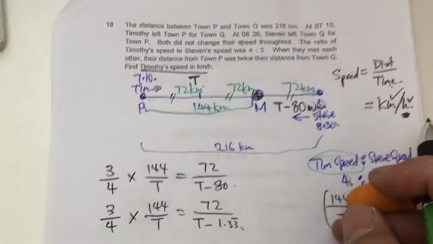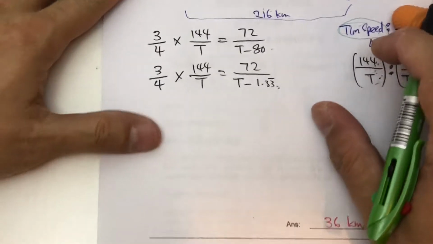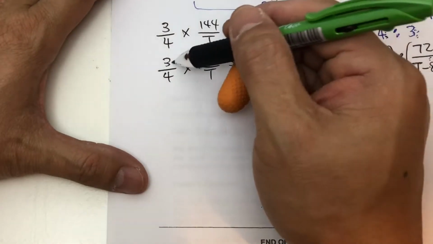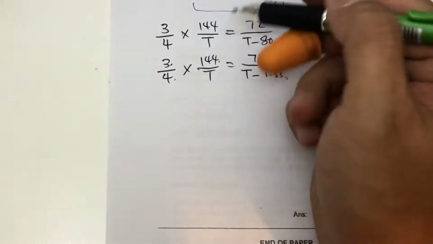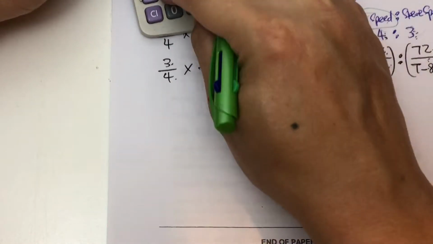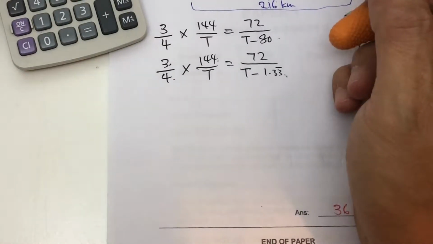Okay, now let's do some quick simplification. 3 divided by 4 times 144, you can use a calculator, is equal to 108.